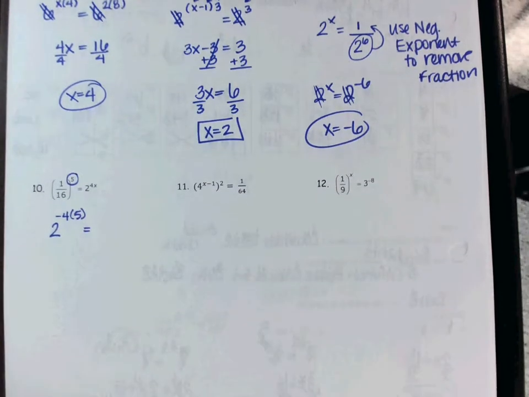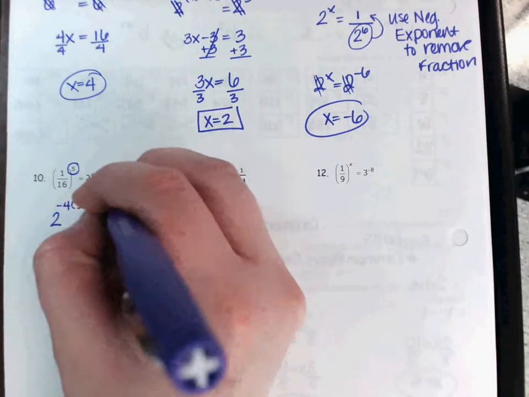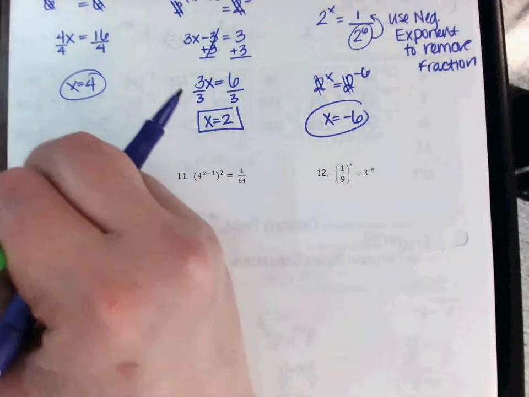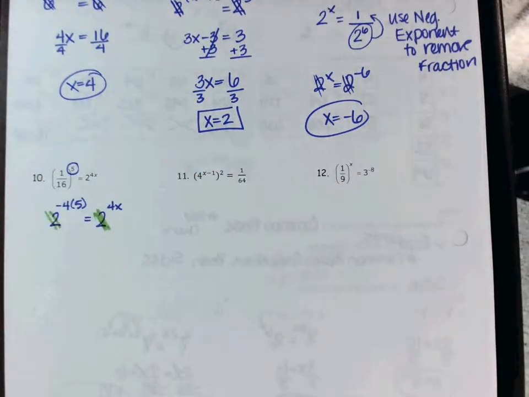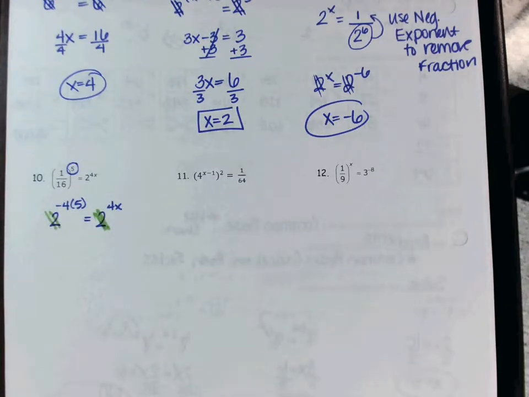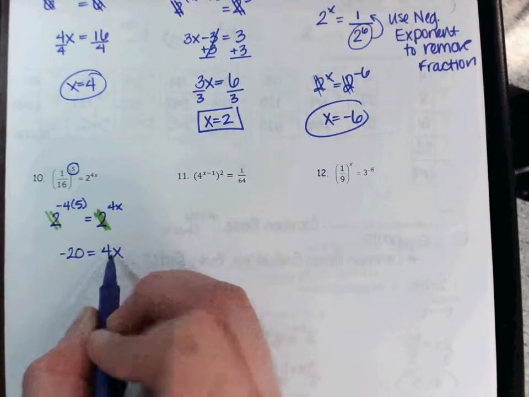Okay, but again, where did the negative come from? It had been a fraction, right? Okay, then other side is 2 to the 4x. Okay, when you get those to match each other, you can cross out the base 2's. Negative 20, because remember, what do you do with the numbers when they're both up top? You multiply. So negative 4 times 5 is negative 20 equals.